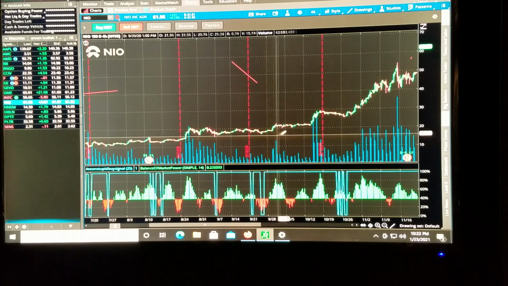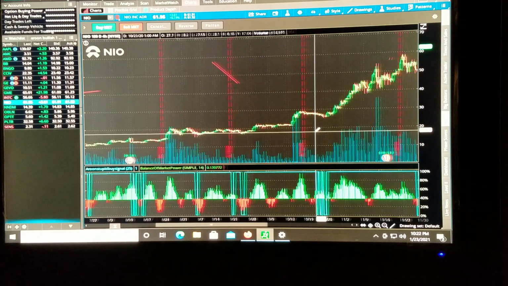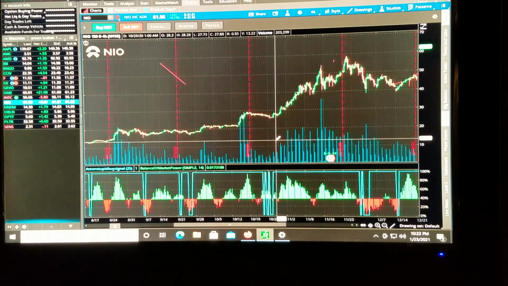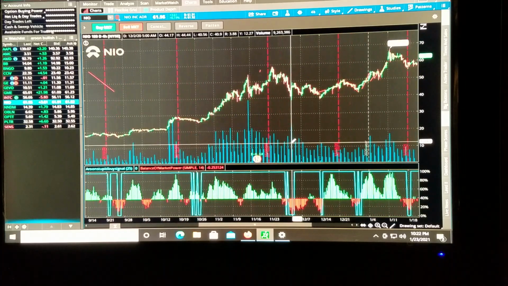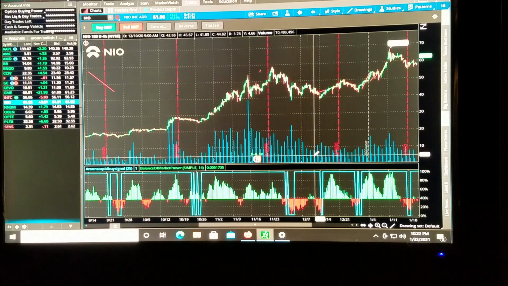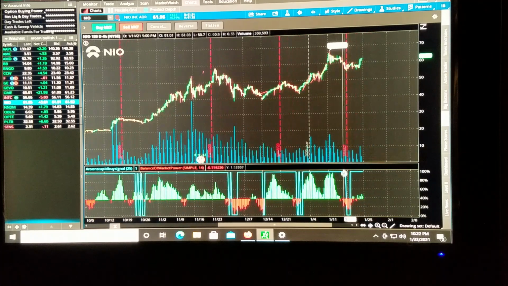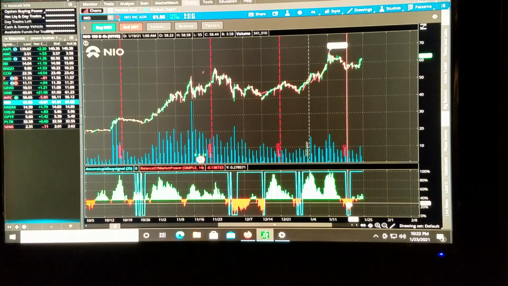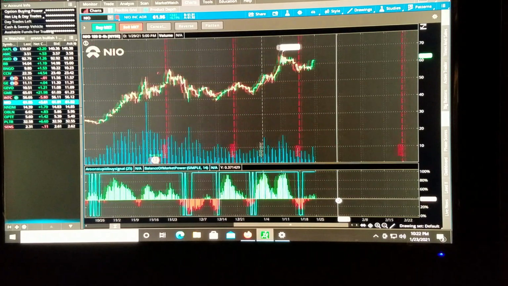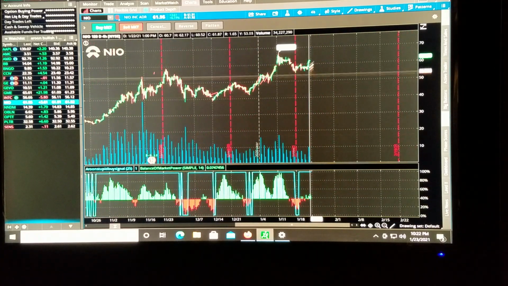So we have to look for the days that are pullbacks. Those are your best buying opportunities. And price goes up. Here was another one of those pullbacks. So we can expect price to go up, and it did.